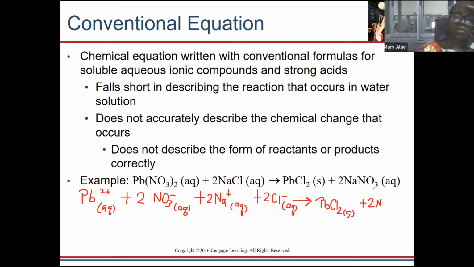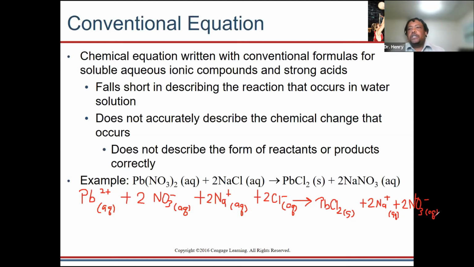But the sodium nitrate is going to separate. Okay, questions, concerns, cash, credit? And again, this is called the total ionic equation.